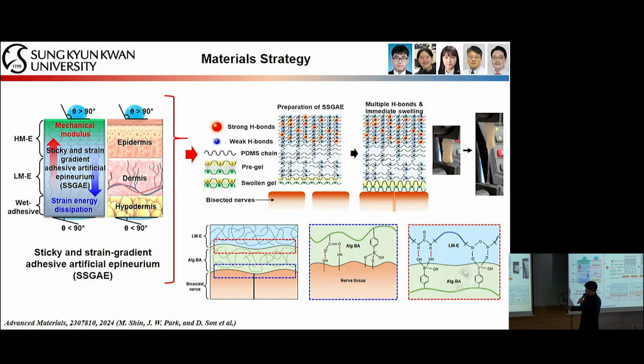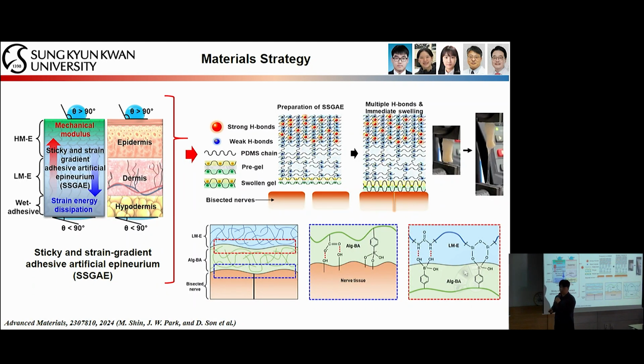So here, this is a tissue, and this is the wet adhesive material, and this is the low modulus self-healing material. So let's start. The tissue adhesion starts with the gelation of the hydrogel, where the boric acid diol complex and hydrogen bonds can be formed here.